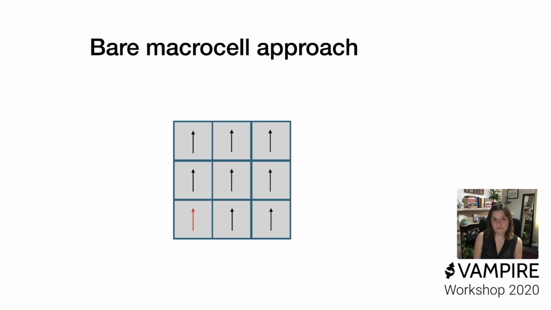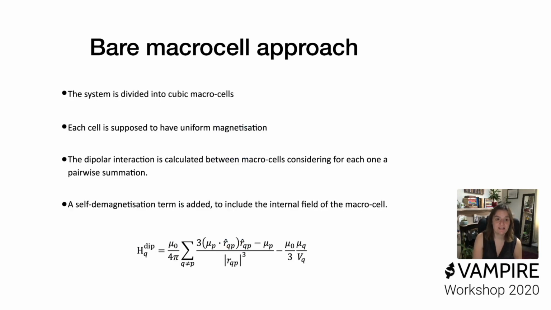So this is much faster than the atomistic approach. However, it is quite a lot less accurate depending on the cell size. Another problem is that the system is supposed to have a uniform magnetization. So this means that you can't really calculate things like antiferromagnets or ferrimagnets or domain walls.